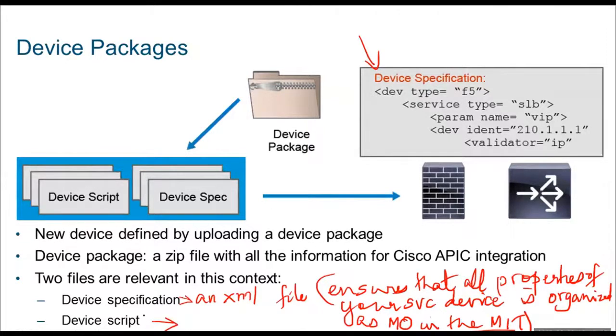Script file. Any APIC event? Add a rule into a firewall, that's an APIC event. It actually has to go ahead and render it into the required command line of the device. Okay, that's the script.